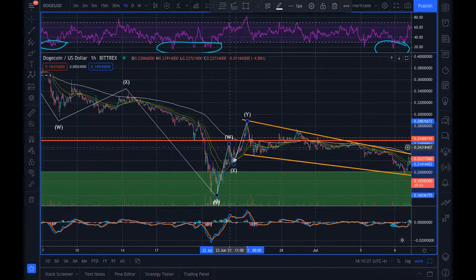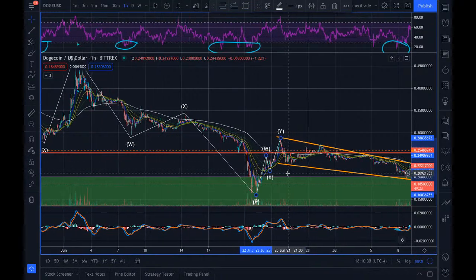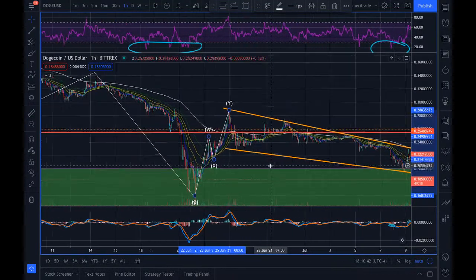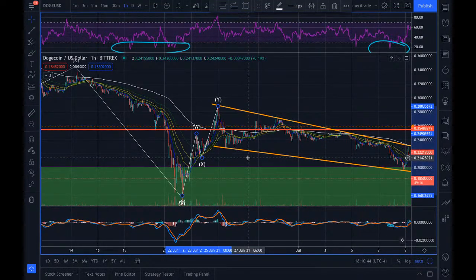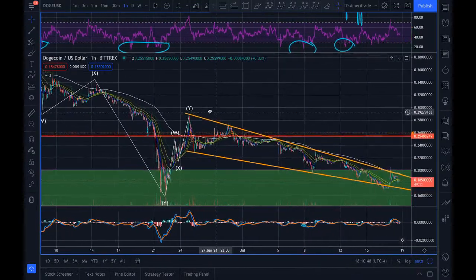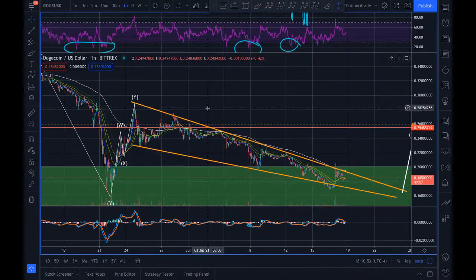Now if that would have been 5 waves up before coming back down, then I would have gotten excited. But it's 3 legs, which means we're still in the correction. I know nobody wants to hear that. I'm not talking about what I want to happen. I'm just giving as non-biased of an analysis as I can.